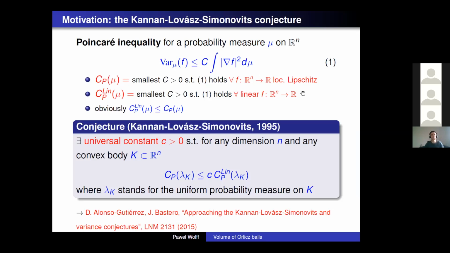Okay, so then obviously the constant which concerns only linear functions is not greater than the general one, the true Poincare constant. And the conjecture of Kannan-Lovasz-Simonovits, proposed already 25 years ago.